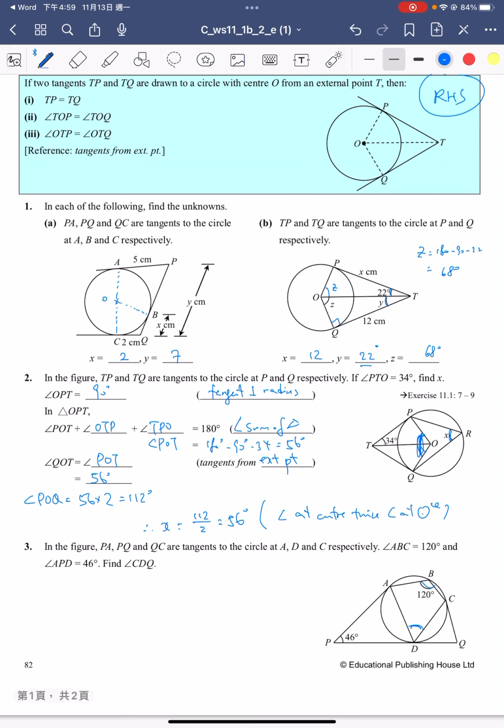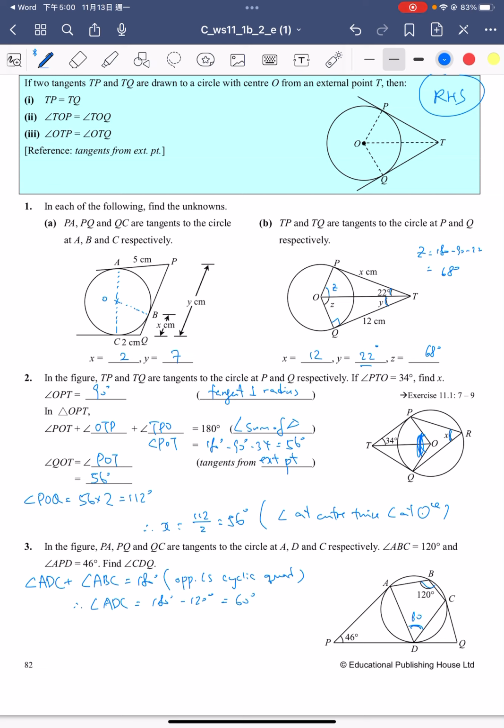So we can say that the angle of ADC plus the angle of ABC is going to give you 180 degrees by using the opposite angle cyclic quadrilateral. So the angle of ADC is equal to 180 minus 120, giving you 60 degrees. So this is equal to 60 degrees.